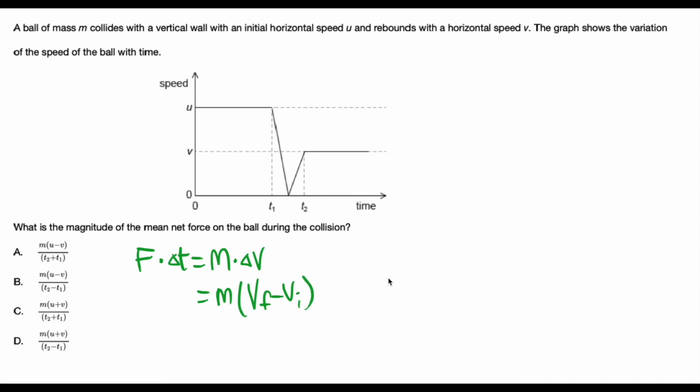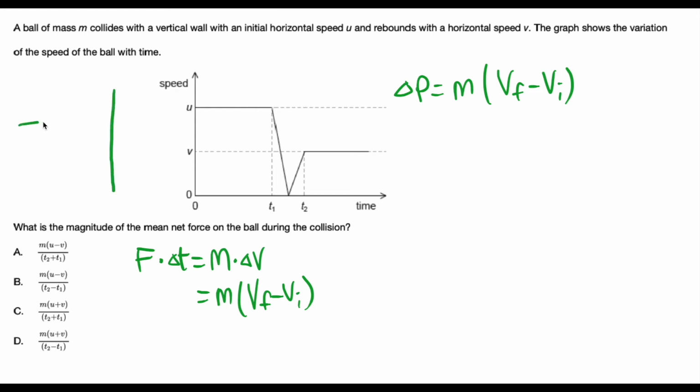So we can calculate the change in momentum first by using the graph. So change in momentum is equal to mass times final velocity minus initial velocity. But here, since this only shows us the speed, only shows the magnitude or the absolute value of the velocity, we need to think about what really happened during the process.